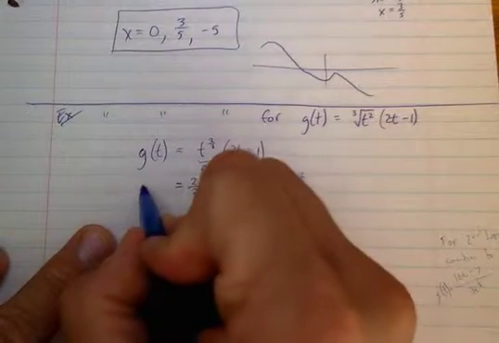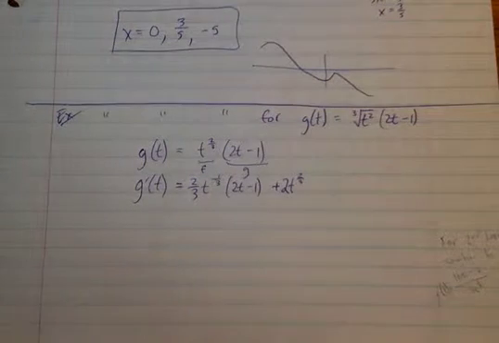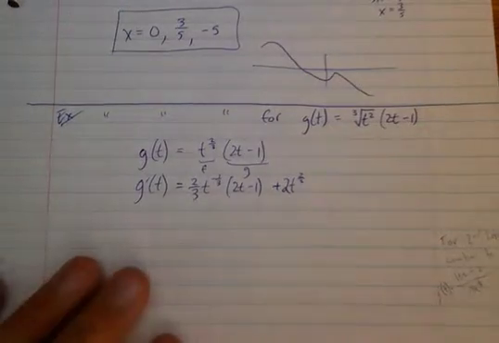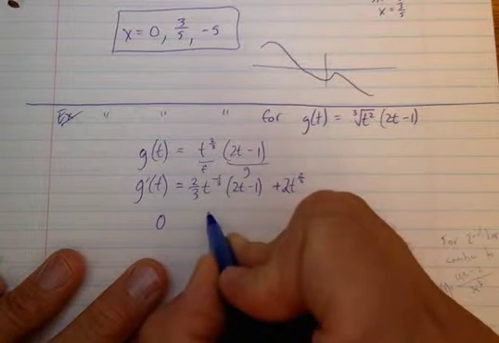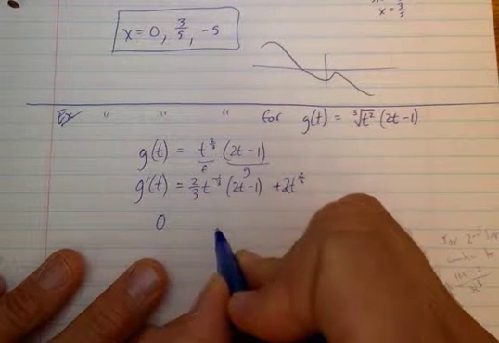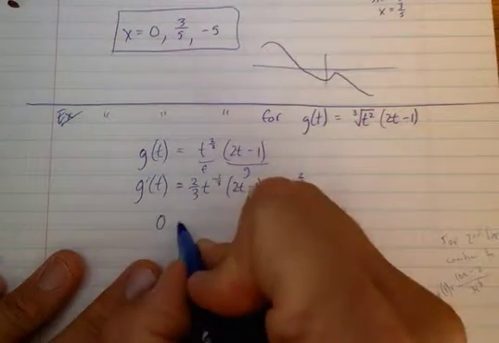Let's see here. If we set this equal to g prime of t. So if we set this equal to 0, what happens? Well, let's see if we can combine stuff. We set it equal to 0.